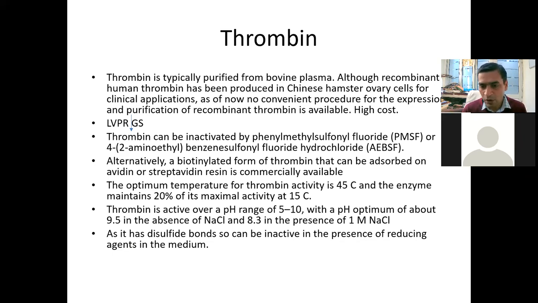You should always remember that thrombin has disulfide bonds for its proper activity, for its proper 3D structure. If these disulfide bonds are broken, then it will become linear, and the linear primary structure of this thrombin protein will no more be active. So it will not cleave off the product.